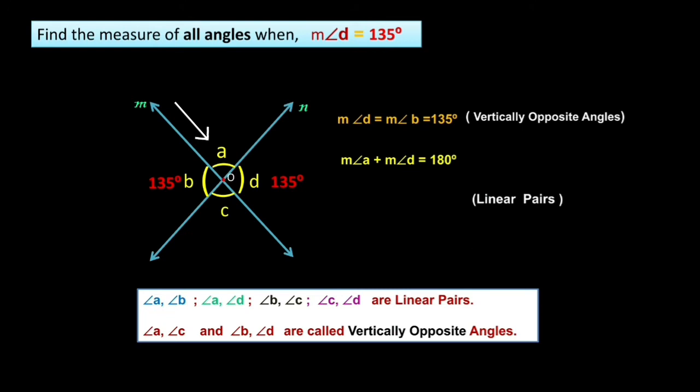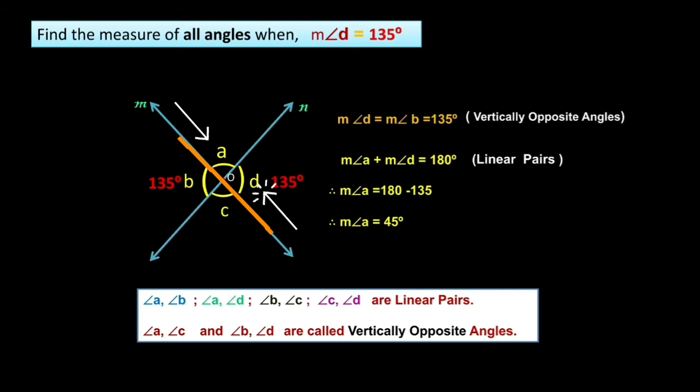Now observe angle A and D. They are linear pairs because they are adjacent and lie on a straight line. So, these two should add up to 180 degrees, right? Therefore, measure angle A is equal to 180 degrees minus 135 degrees, which is equal to 45 degrees.